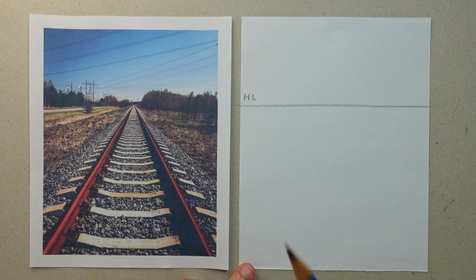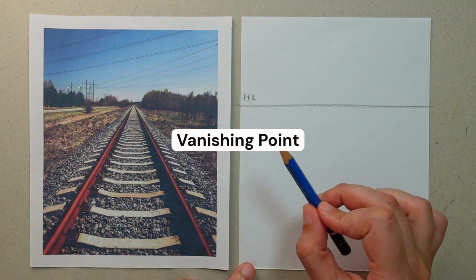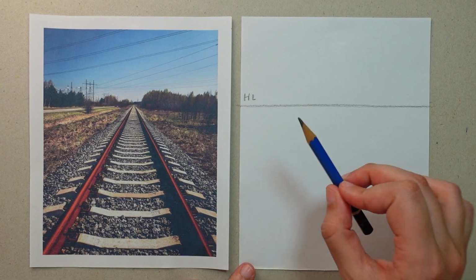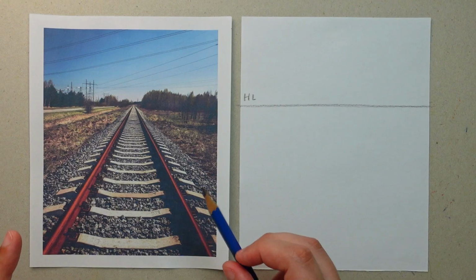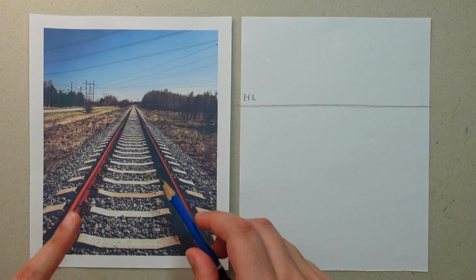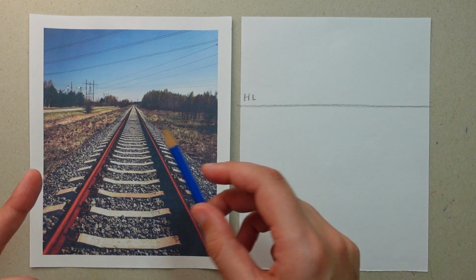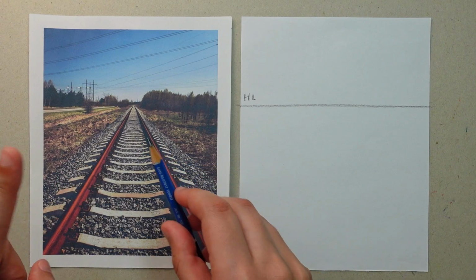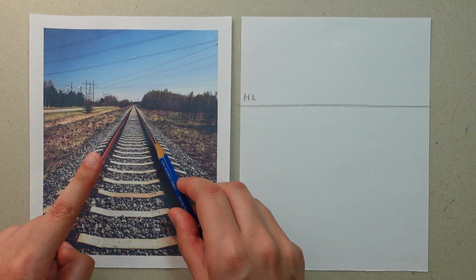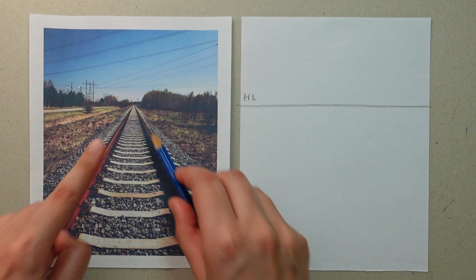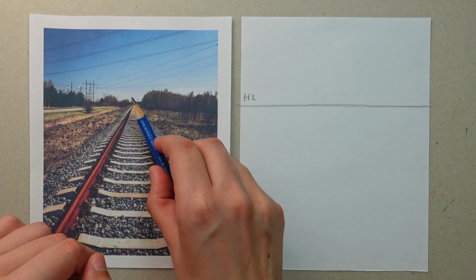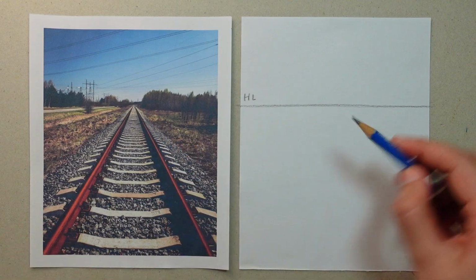Next, I'm going to mark the vanishing point. And one of the observations that I mentioned before is that parallel lines appear to converge at the vanishing point. And we know that the rails are parallel, but here they appear to converge at the vanishing point. So the vanishing point is here.